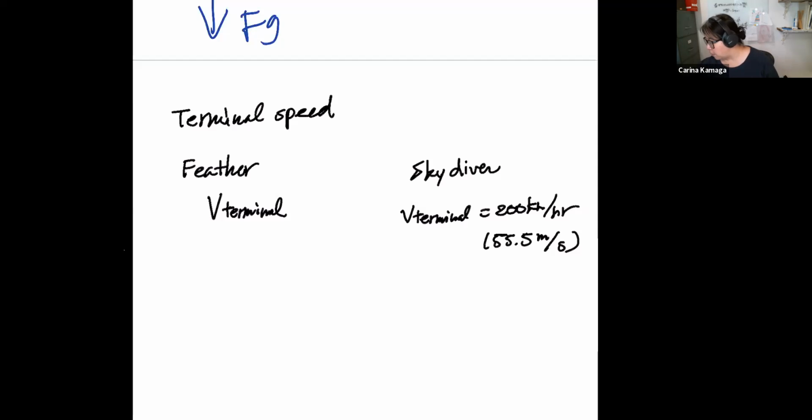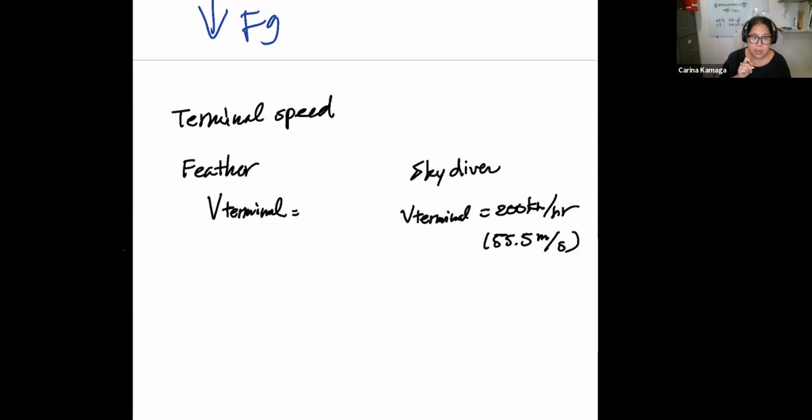Or like a paper, right? Paper or feather has a big frontal area, so it feels the air resistance all the time. So it reaches the terminal speed rather quickly, and it's very light.